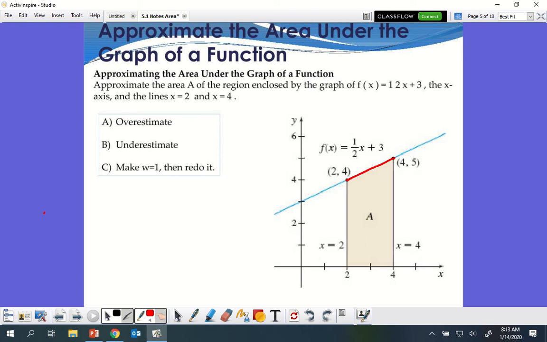Okay, so now I'm closing in my box of where I'm dealing with here. My x-axis is going to be right here, so the whole x-axis, so I'm closing all this. And the lines, x equals 2 and x equals 4.